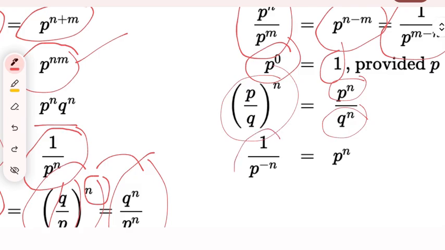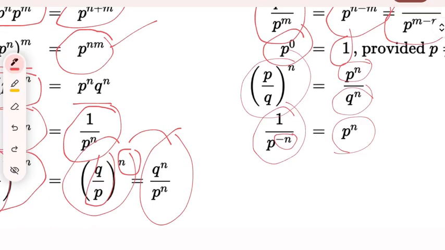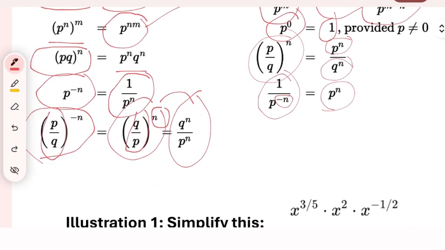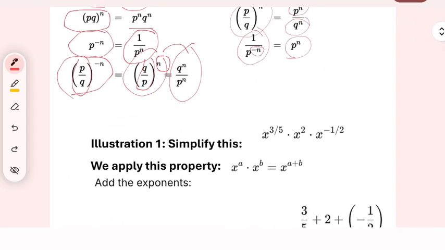What about 1 over p to the minus n? As I've said, you can make this positive by putting it on top. It will become p to the n over 1, or simply p to the n. So these are the properties of exponents.